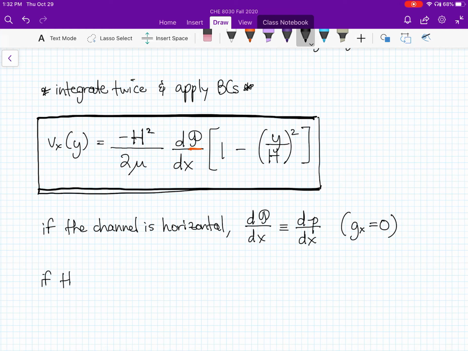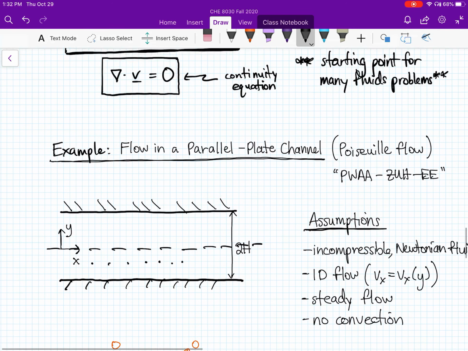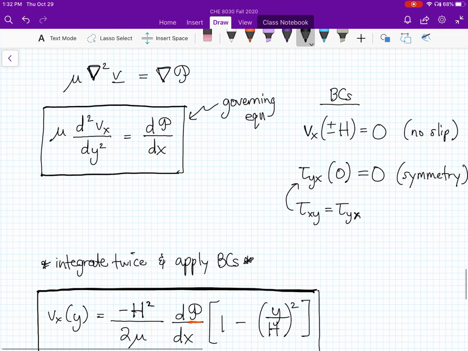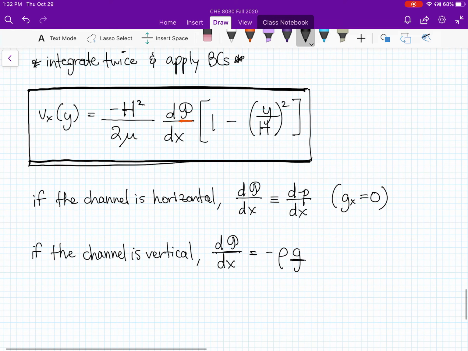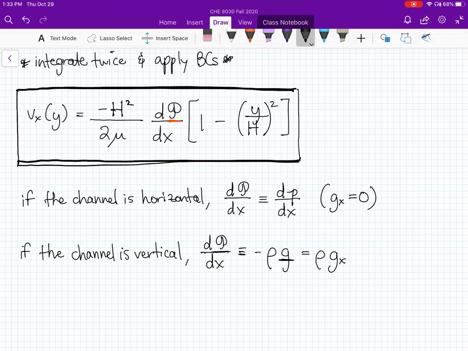In the other case, if the channel is vertical, so these are the two extremes, that derivative is equal to negative rho g, which we could also write as rho times the x component of the gravity.